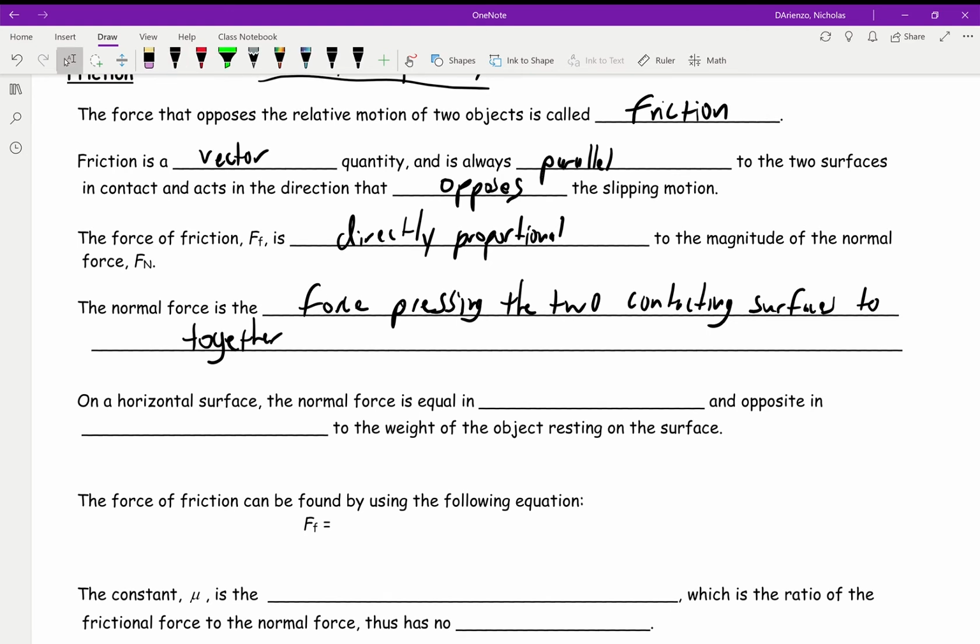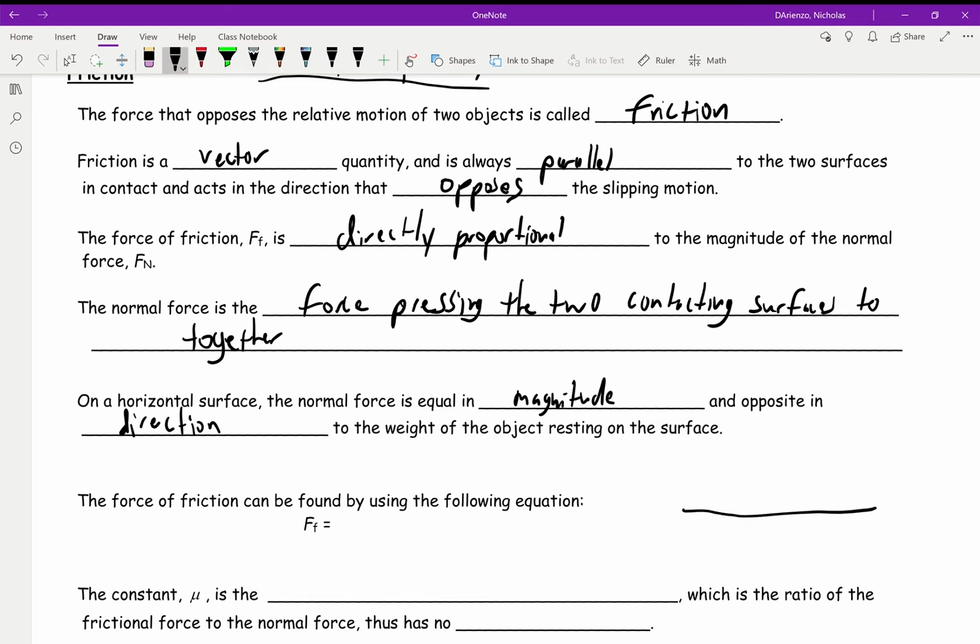Now the other day we had talked about if we just consider this block on a horizontal surface, the normal force is going to be equal in magnitude and opposite in direction to the weight of the object.